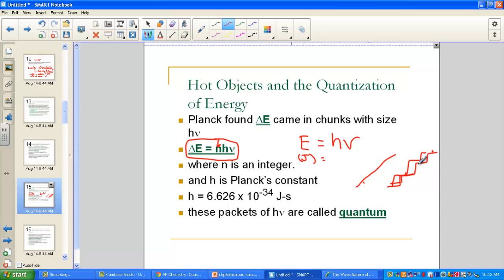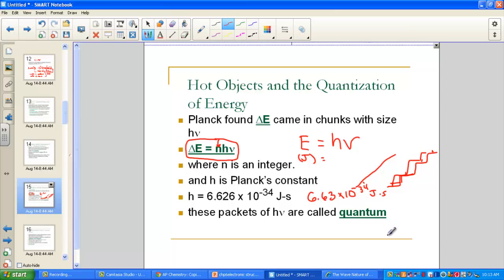Is it 1 step's worth, or 2 steps, or 3 steps, 1 joule, 2 joules, or so forth? n is always a whole number integer. h is called Planck's constant and has a value of 6.626 times 10 to the negative 34 joule seconds. Now I use 6.63 times 10 to the negative 34 joule seconds. I carry 2 decimals instead of 3 from mathematics.